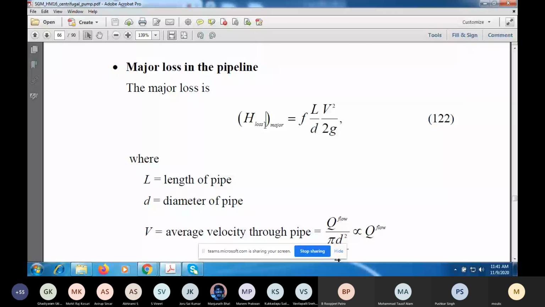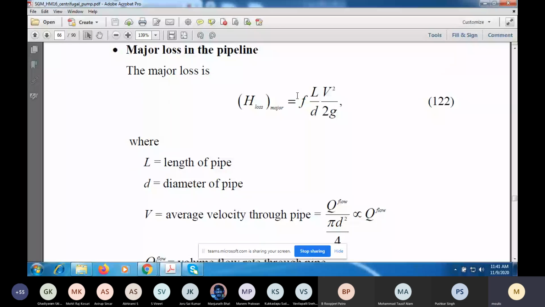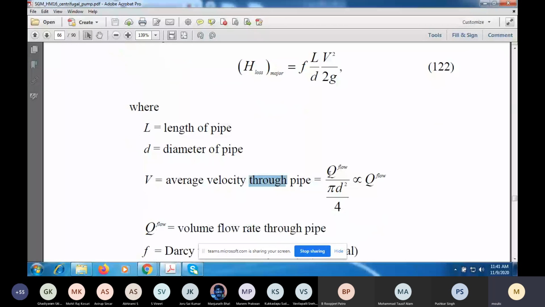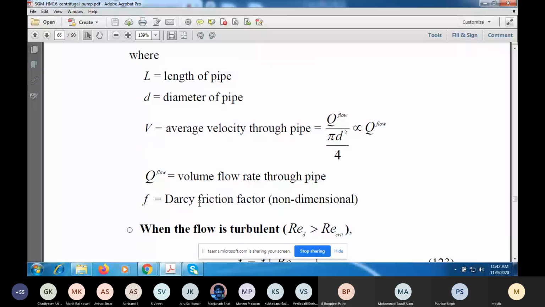Okay. So we have this factor, length of the pipe, either suction or delivery, divided by the diameter of the pipe, either suction or delivery, into the average velocity squared. The average velocity is the flow rate divided by pi d squared by 4. Now the flow rate in the suction pipe and discharge pipe will be the same, but this diameter d may or may not be the same, so you have to be careful. And you have this Darcy friction factor.